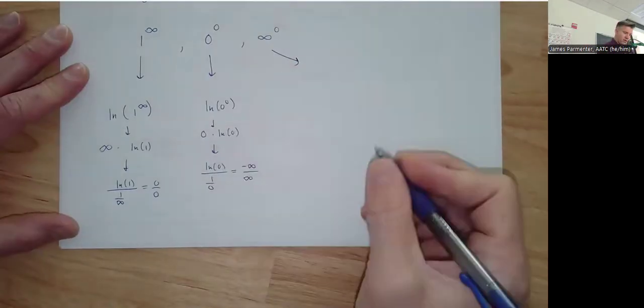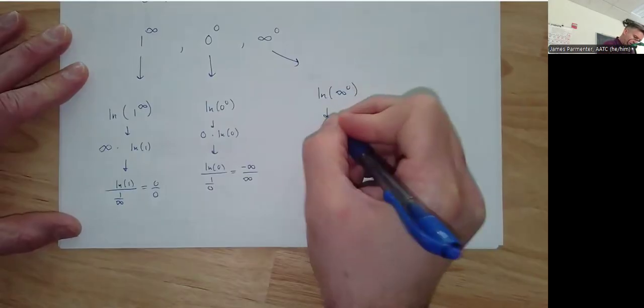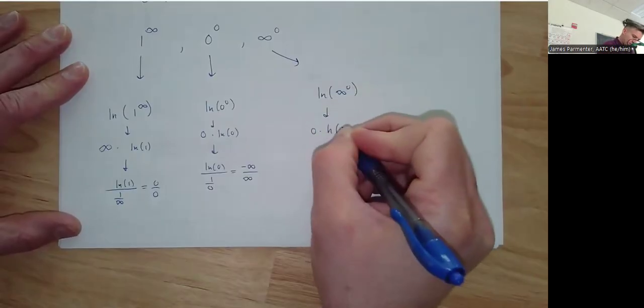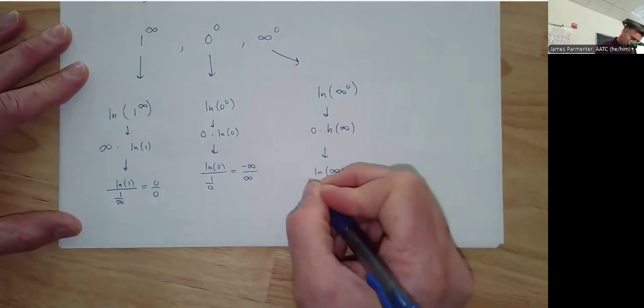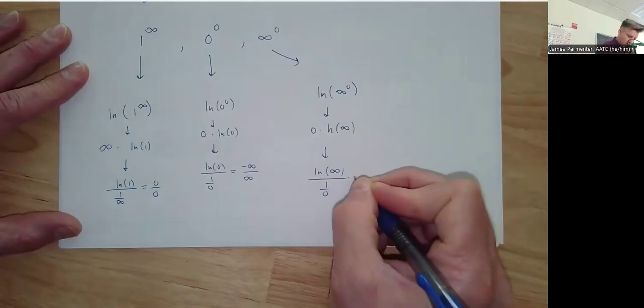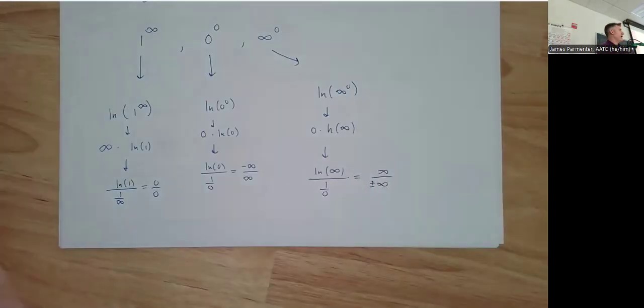Same deal here. The natural log of infinity to the 0, the 0 comes down in front, goes down to the bottom as its reciprocal, and the natural log of infinity goes to infinity, and 1 over 0 is some sort of infinity. That's why these three types work out to be indeterminate forms.